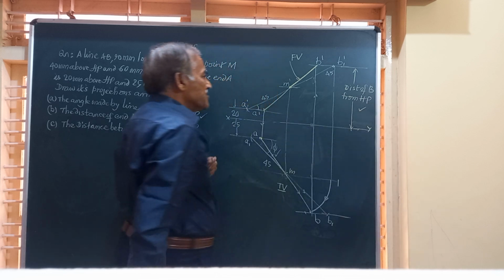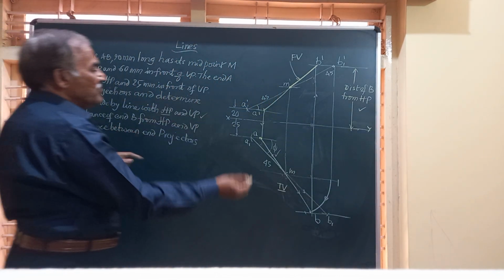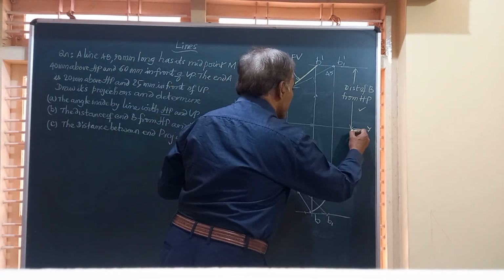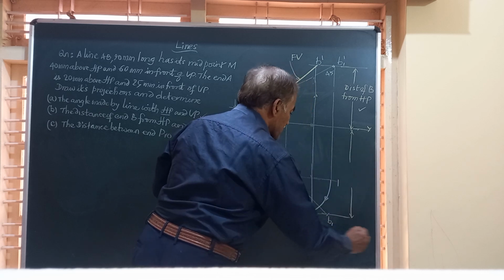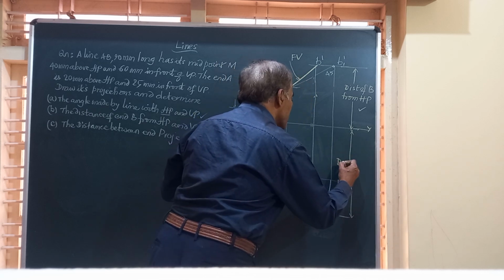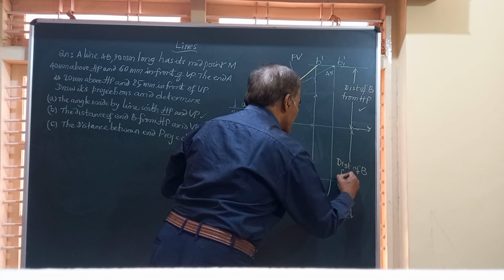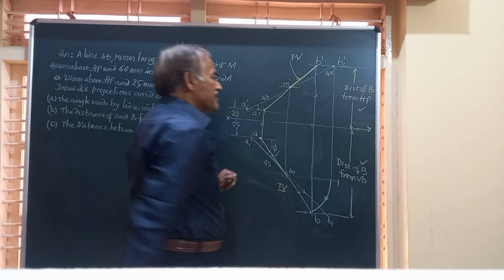So this can be measured. Similarly, the distance of the end B from VP. B locus is here. So draw a line from there, and the distance between XY and this locus of B will give you distance of B from VP. Keep a scale and measure it. I'll put a tick mark.